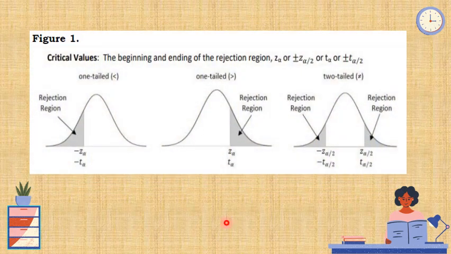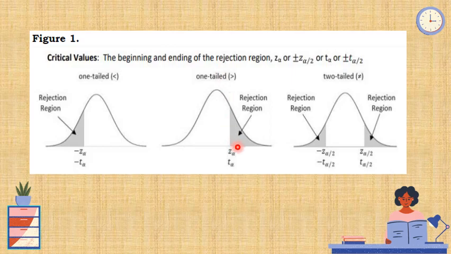And then the third, this is figure 1, critical values. These are the beginning and ending of the rejection region, both for the z-test and the t-test. Dito sa ating first figure, makikita nyo ito ay one-tailed, left-tailed siya. Yung shaded part is the rejection region. So this line is the critical value.